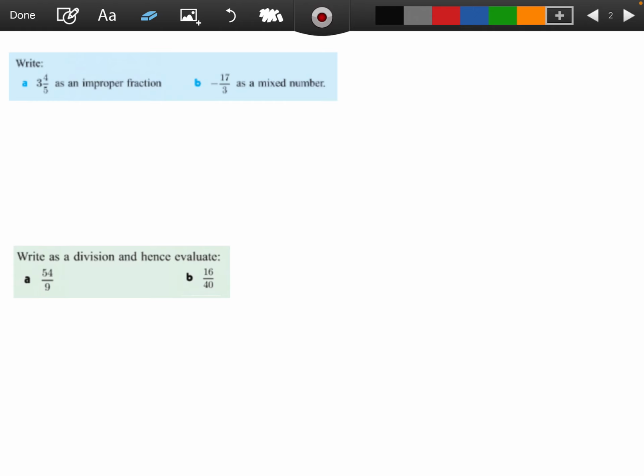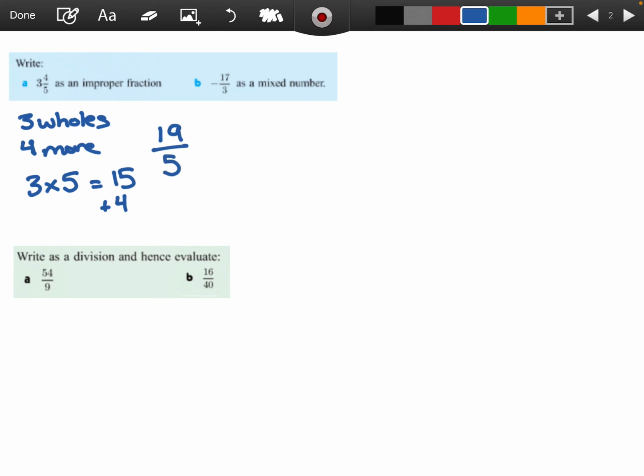So the first one we see here, we have a mixed number, 3 and 4 over 5. If we want to write that as an improper fraction, that 3 represents 3 wholes, and then 4 out of 5 more. So if each whole is represented by 5 pieces, then we would do 3 wholes times those 5 pieces, which gives me 15 pieces, and then an additional 4 to give me 19 out of 5.